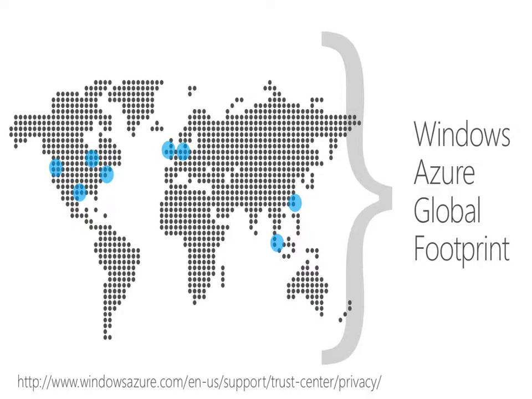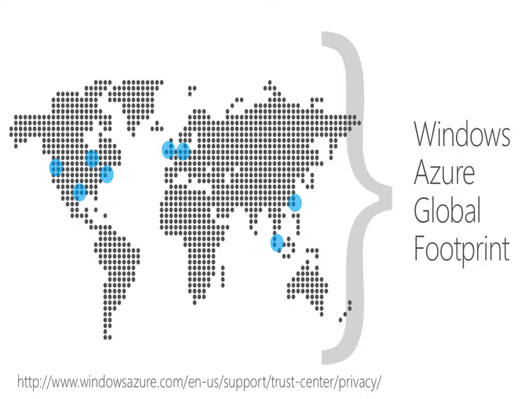And it allows organizations that today may only have a single data center location or perhaps a few to be able to leverage the global scale of Windows Azure to support both a worldwide audience as well as provide some built-in disaster recovery protection. If you're interested in seeing more details about our global footprint today, you'll find the link down at the bottom of the slide, a handy resource for you after today's session.